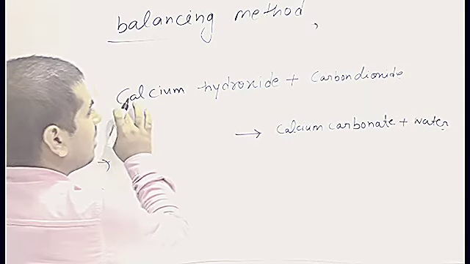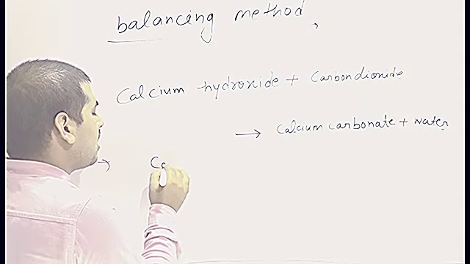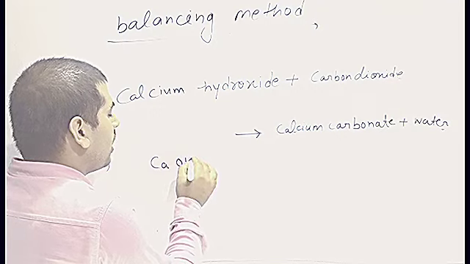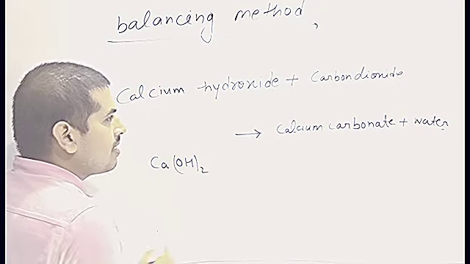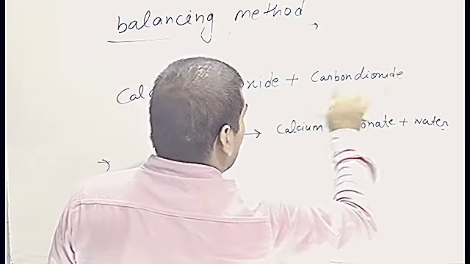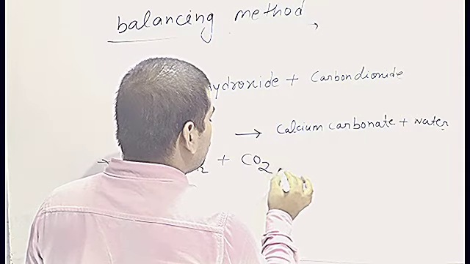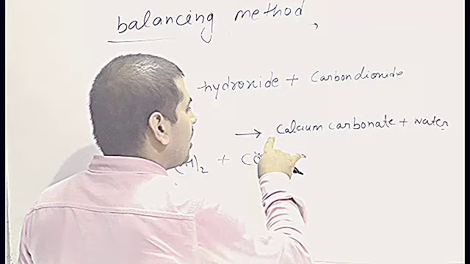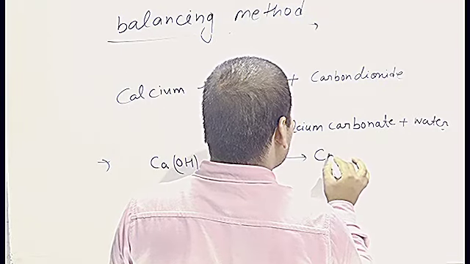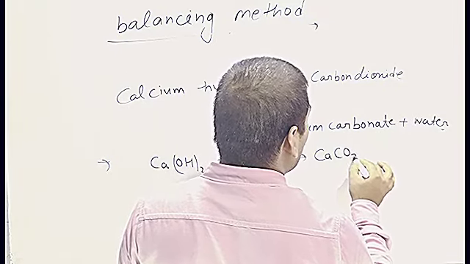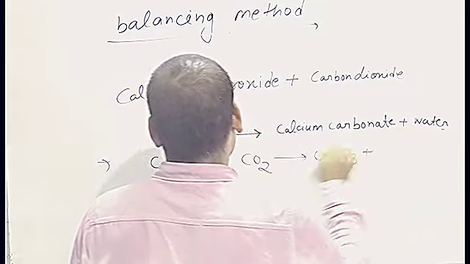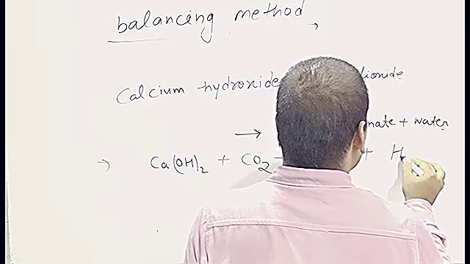So calcium hydroxide means Ca(OH)2, carbon dioxide means CO2, gives out calcium carbonate means CaCO3 plus water means H2O.